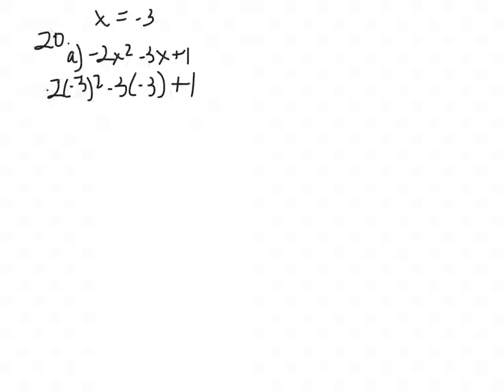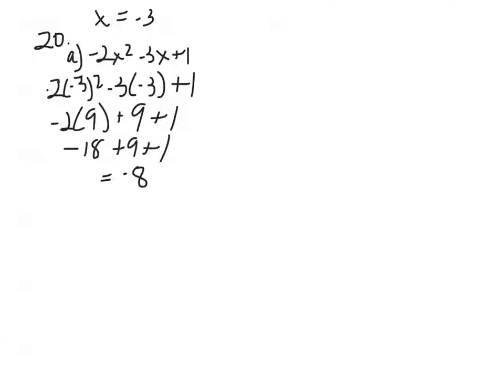Well, negative 3 times negative 3 is positive 9. Negative 3 times negative 3 is plus 9 plus 1. Negative 2 times 9 is negative 18. Which means our final answer would be negative 8.